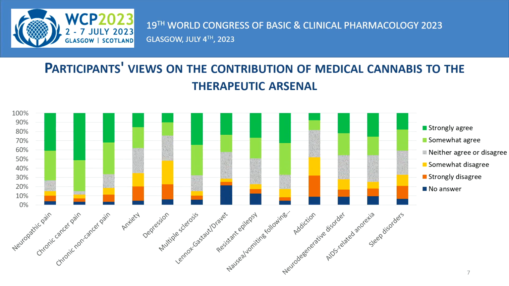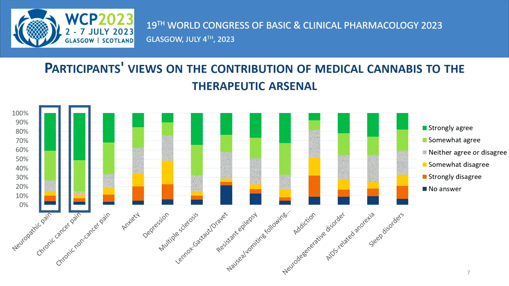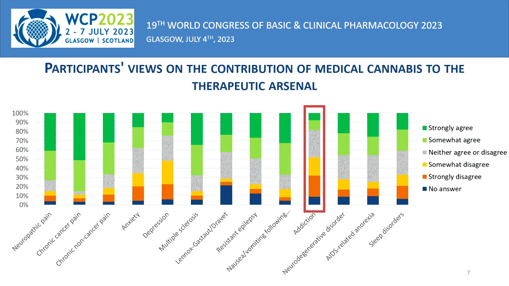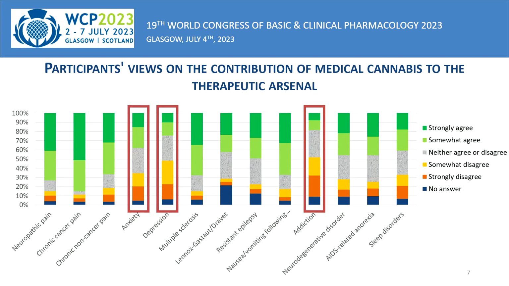So the participants thought that medical cannabis could add value in chronic cancer pain, neuropathic pain, multiple sclerosis, nausea and vomiting following chemotherapy, and chronic non-cancer pain. On the other hand, they didn't feel that it could have any added value in addiction, depression, or anxiety.